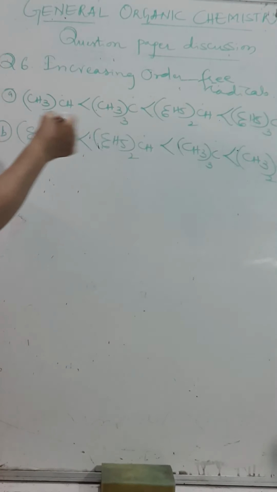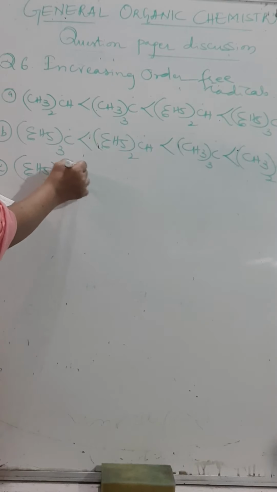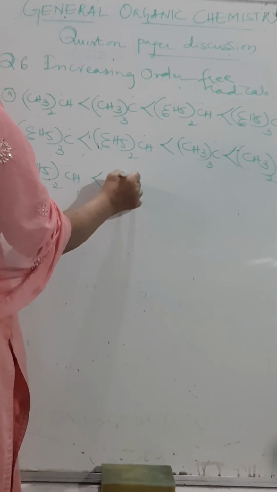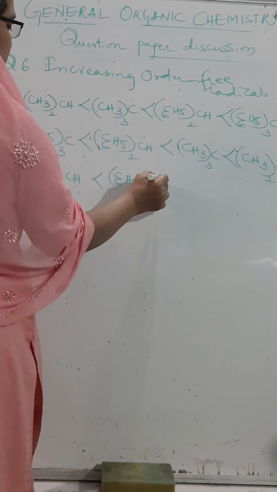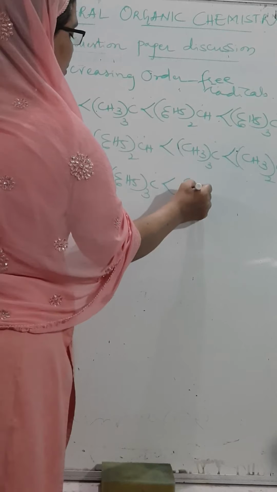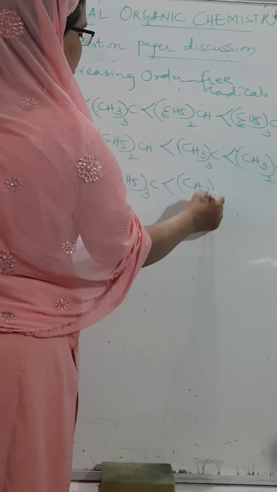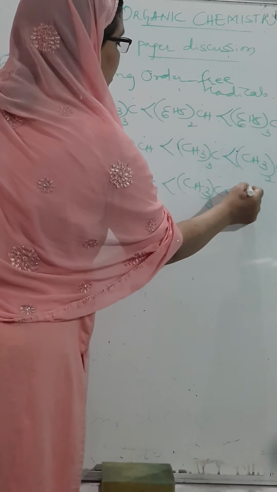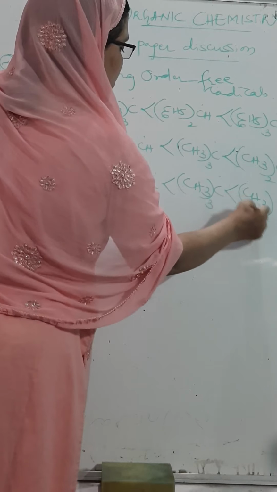These four molecules only they have arranged here and there in increasing and decreasing order. Third option: diphenyl, triphenyl, further trimethyl, further dimethyl.